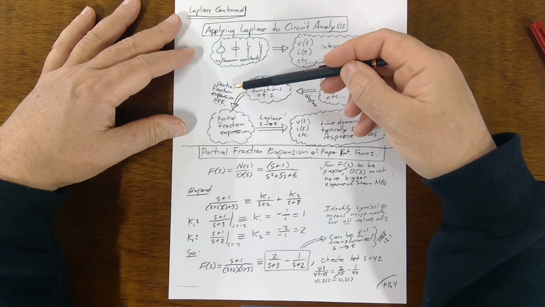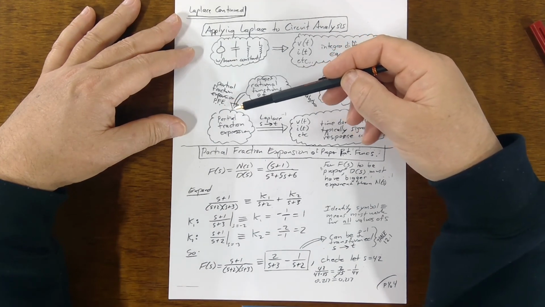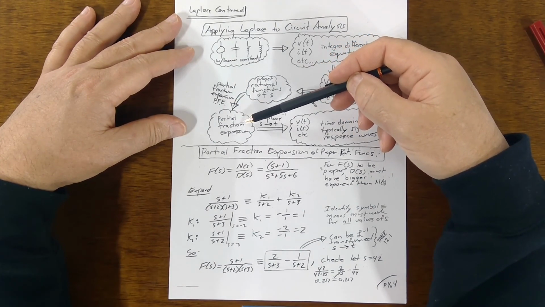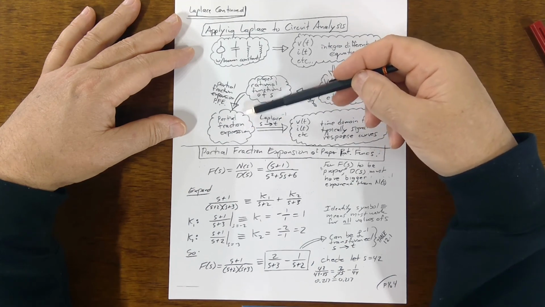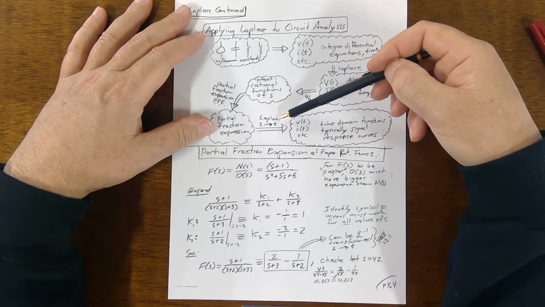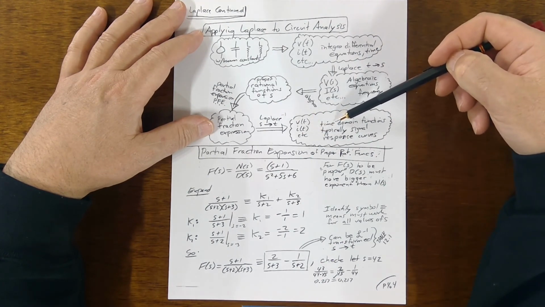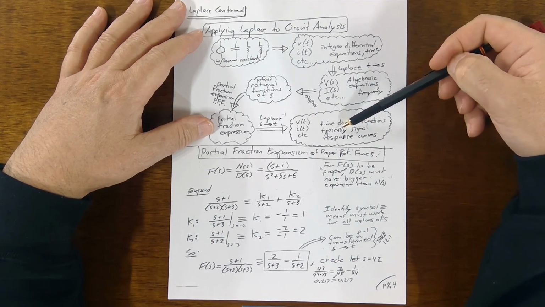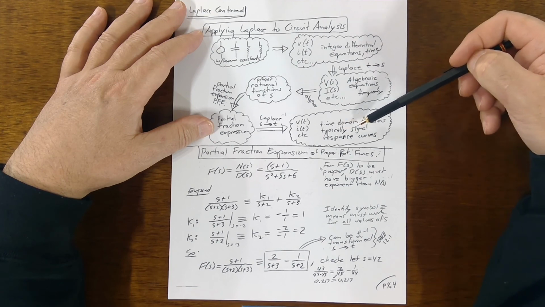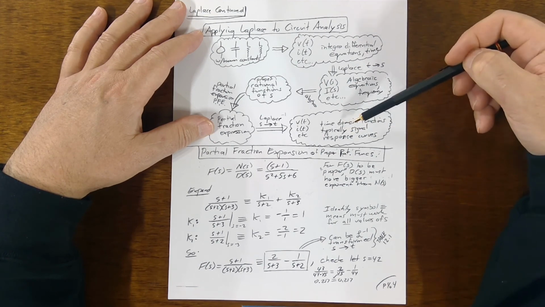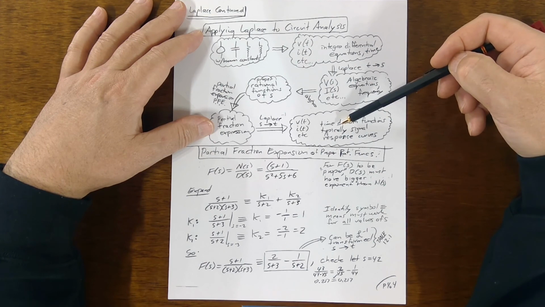So what we'll do is a partial fraction expansion. We'll get a partial fraction expression, and that can be converted back to the Laplace domain and back to the time domain, and we'll end up with time domain functions that are just signal response curves. There's no integrals or derivatives in them.